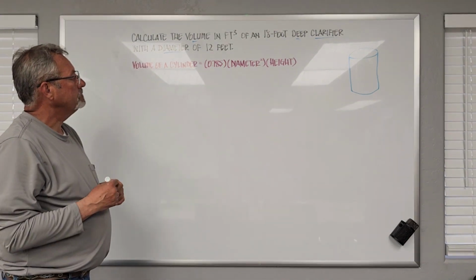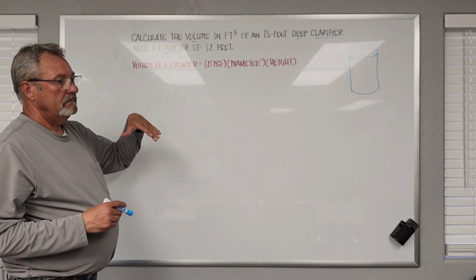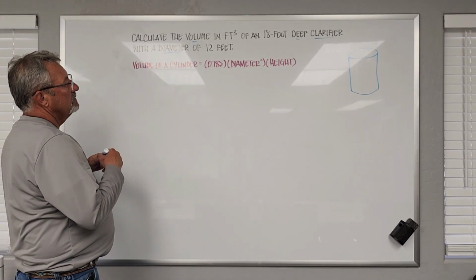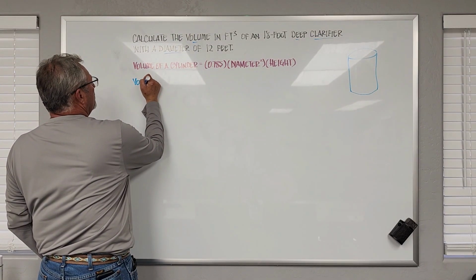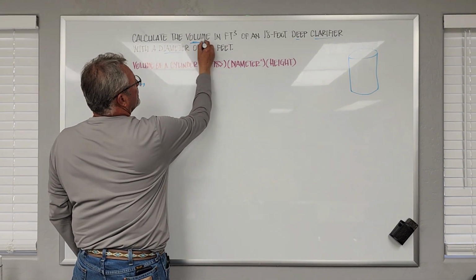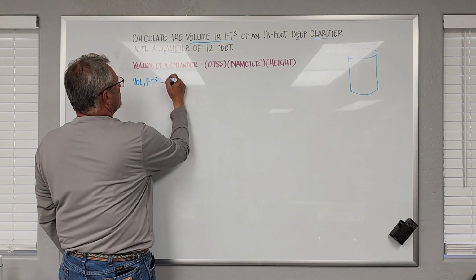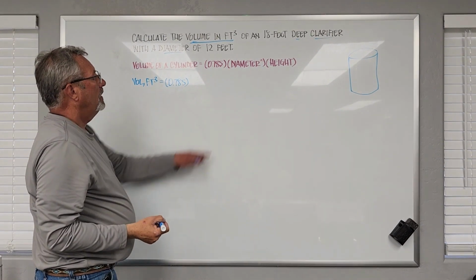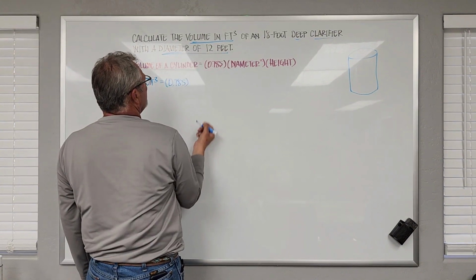Now, I'll write it out a different way because I like to go step by step. So I'm gonna do volume, and they're asking for the volume in cubic feet, equals 0.785. Now I need the diameter. The diameter is 12 feet.